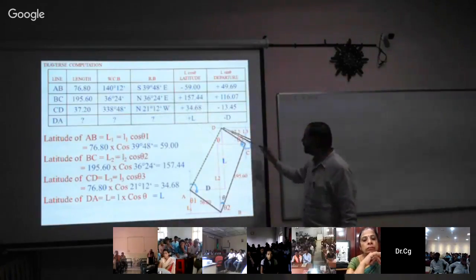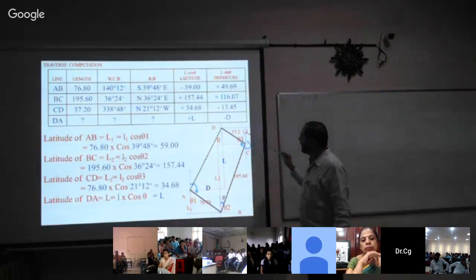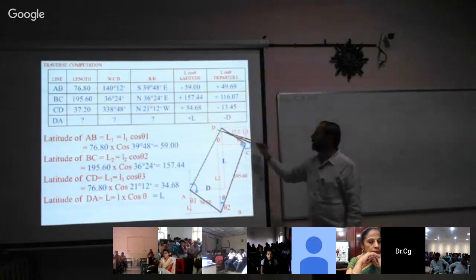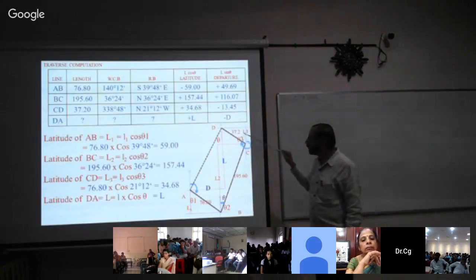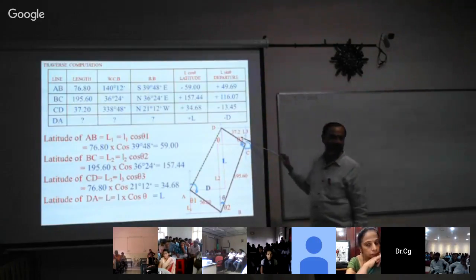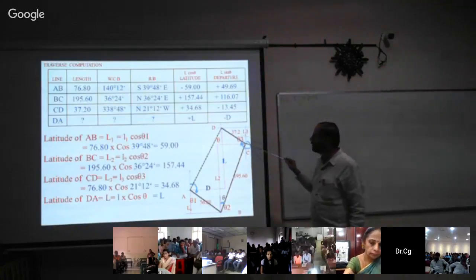Now for this, the latitude and departure of CD. Theta 3 is the quadrantal angle of CD.